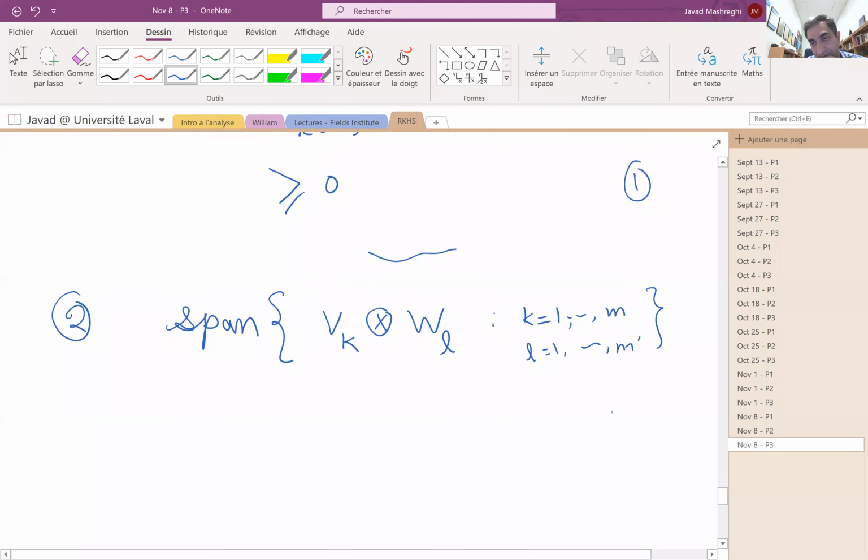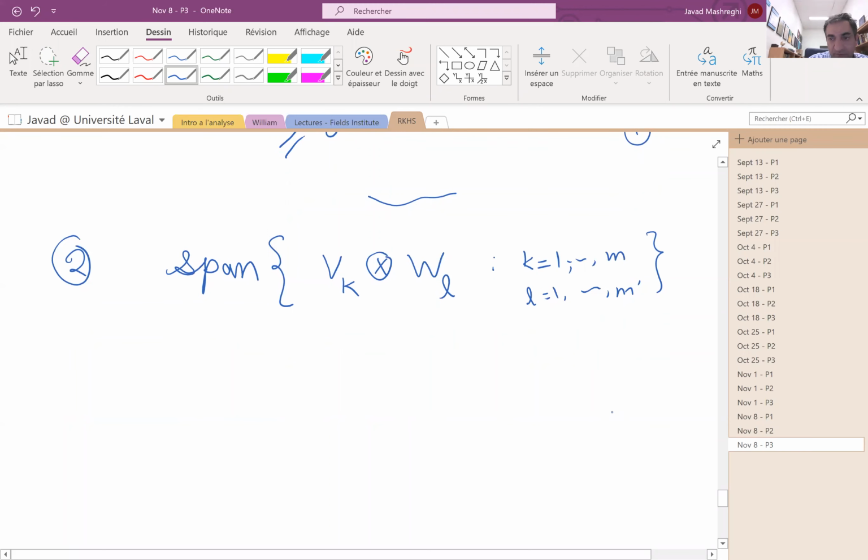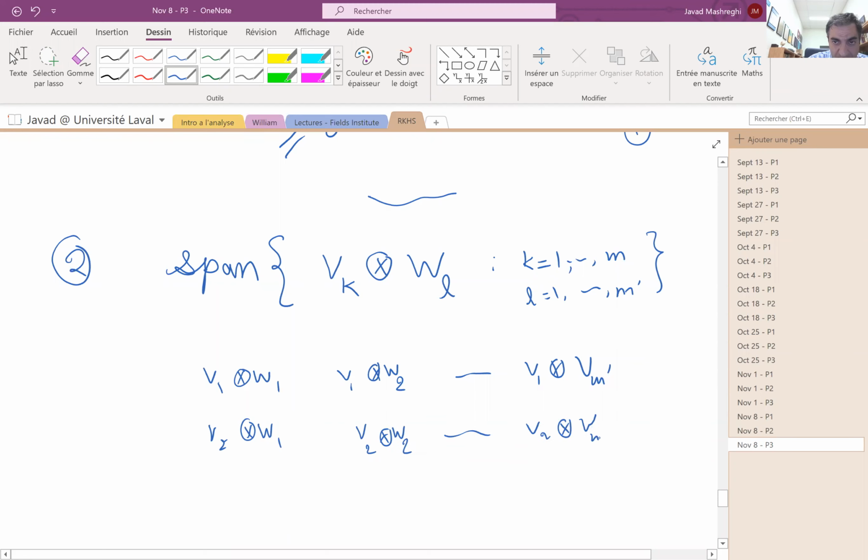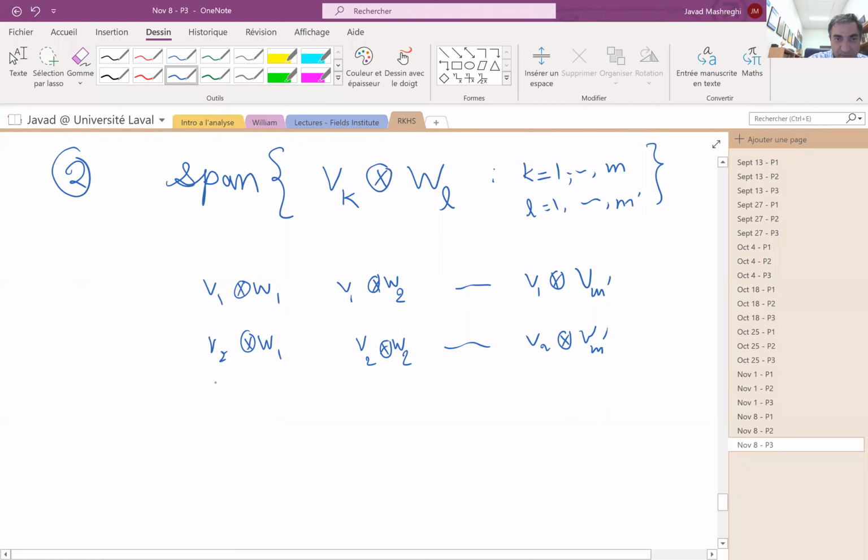What is this span? Let me write it this way to be more clear. I have v1 tensor w1, v1 tensor w2, and v1 tensor w_m prime. And the same thing for v2, and finally the same thing with v_m.